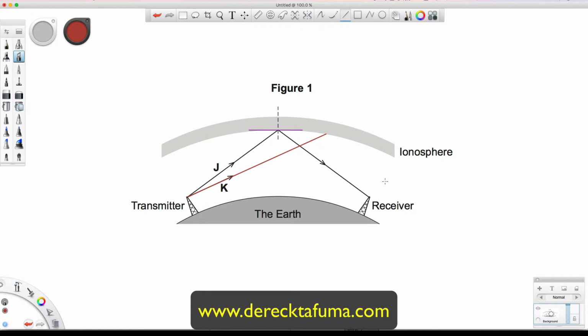Then I would also draw what might look like the tangent at that point, and that's the tangent. Then I would draw the normal to that tangent, so it'll be somewhere here. So that is the normal. It should be a dotted line, but we're going to leave it like that.